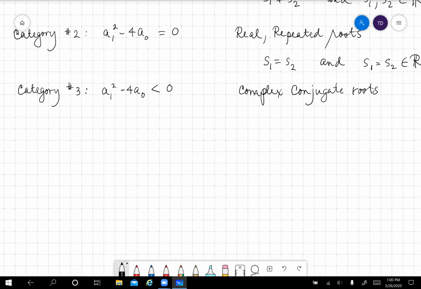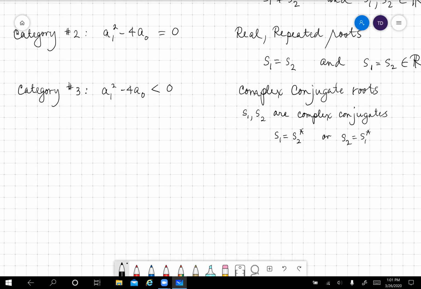So this time what we have is S1 and S2. They are complex conjugates, so I'm going to write it the following way. S1 equals S2 conjugate, or S2 equals S1 conjugate.